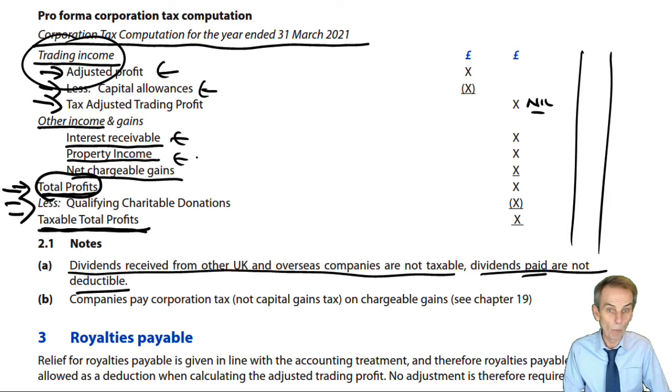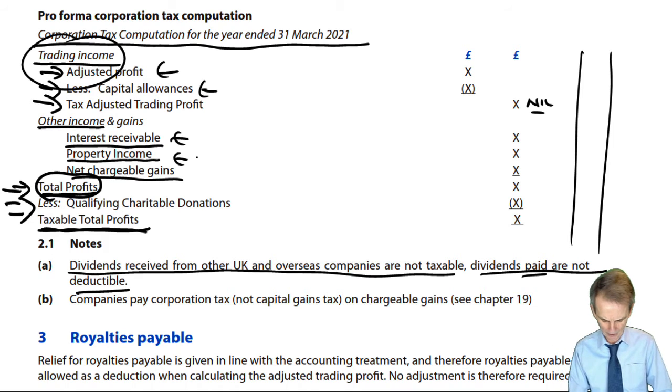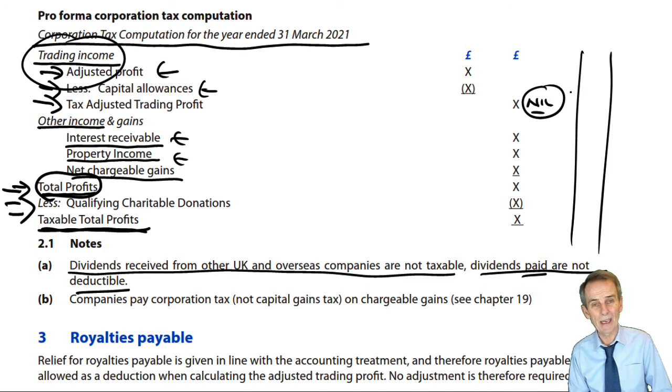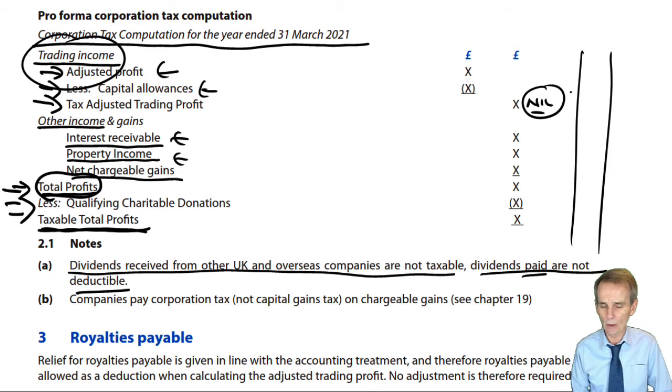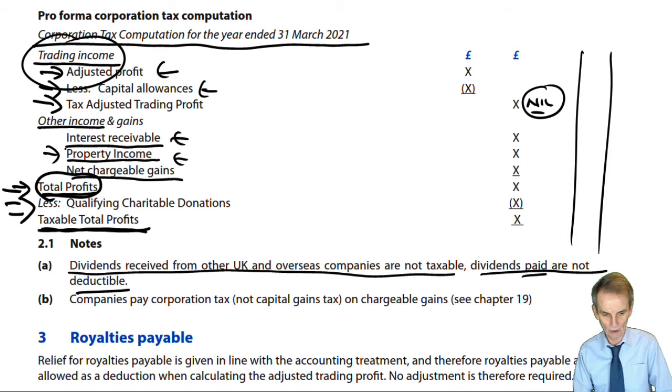There we may have more expenses incurred on the properties that we let out than income that comes in on our accruals, our receivable basis. If there are losses, just as it was for trading, there will be a nil assessment. And we separately deal with, as I say, the only one of these in the syllabus for us, property income. We separately deal with the rules for the use of property income losses.